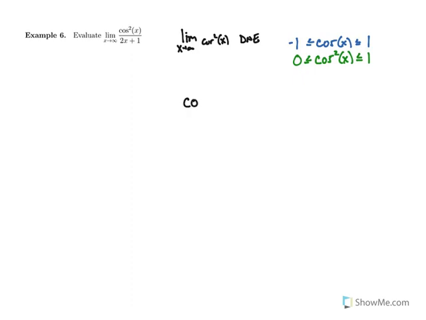We're going to start with our function, cosine squared x over 2x plus 1. And we know that this is going to be at most 1 over 2x plus 1. And it's going to be at least 0 over 2x plus 1, which is another fancy way of writing 0.